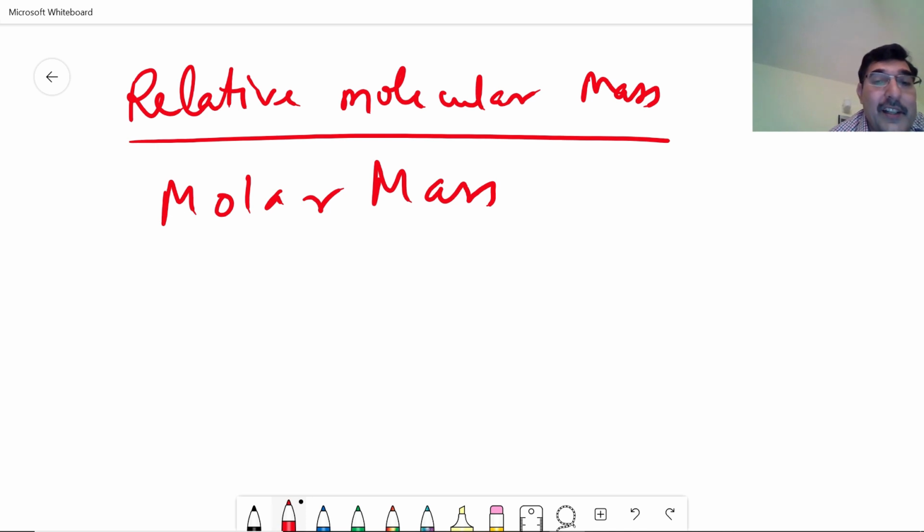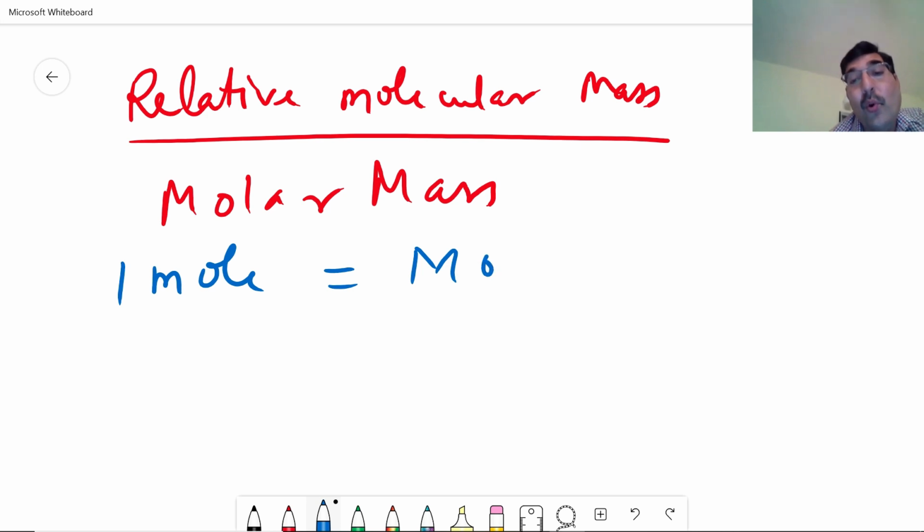How do we relate it with the number of molecules? We say 1 mole of any substance equals its molar mass.